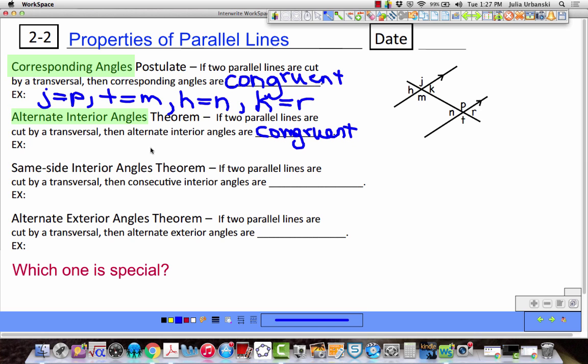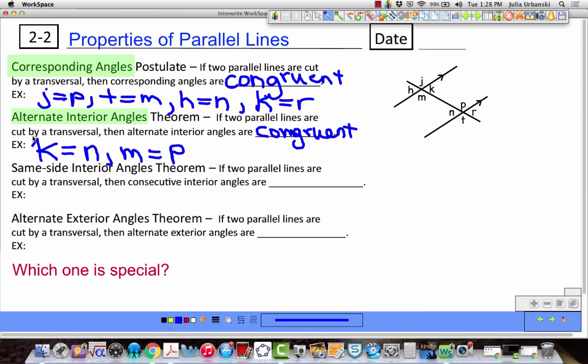Name for me two alternate interior angles. K and N. Good. And those get equal signs because alternate interior angles are equal. K is equal to N. What's another pair of equal angles? M and P. Keep it interior of the lines. So M equals P.